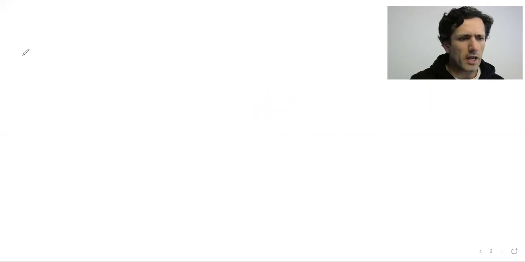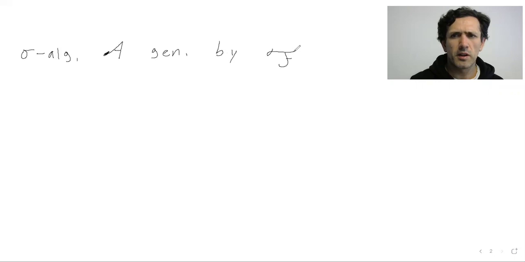So let's describe the sigma algebra, let's call it script A, generated by script F. The idea is that we're going to keep adding stuff to script F until we know we have a sigma algebra.